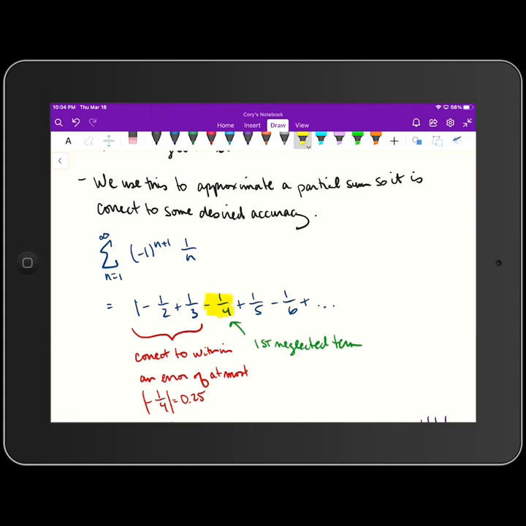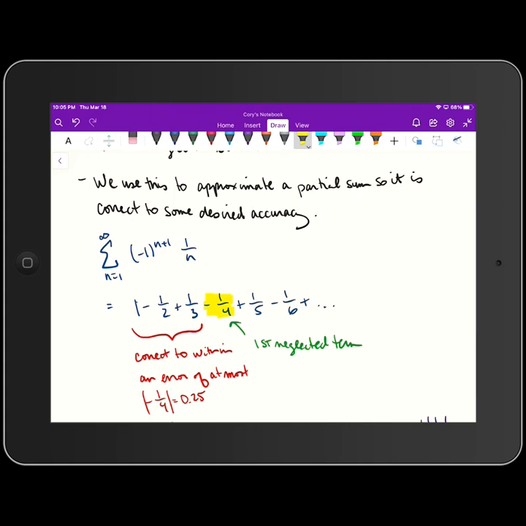Okay, so that first neglected term there is -1/4. The absolute value of -1/4 is 1/4, or 0.25. So those first 3 terms are correct to within an error of at most the first neglected term, which is not a great estimation for us.